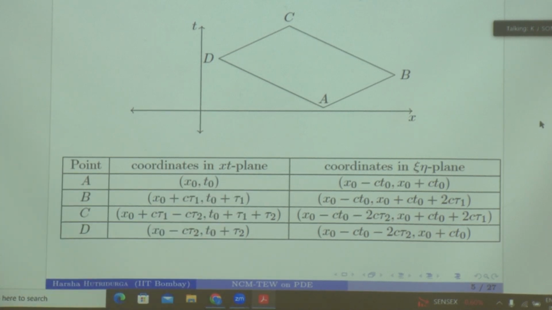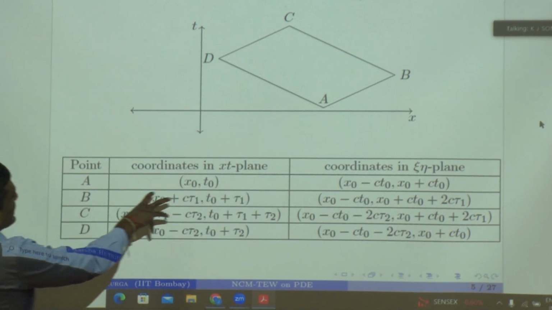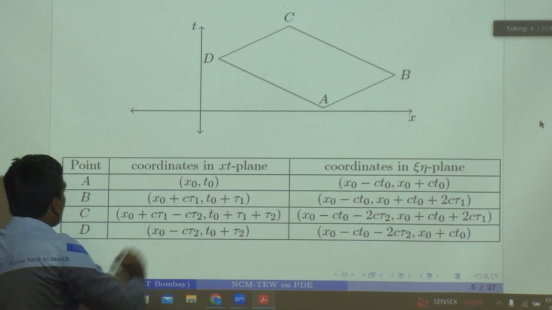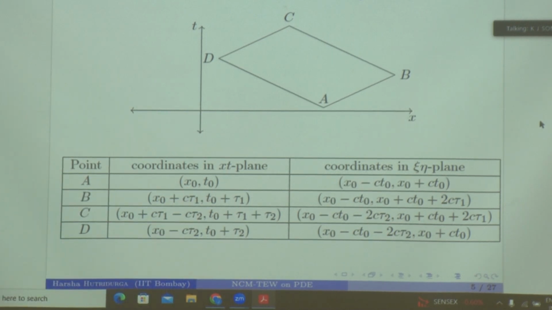Okay. Now once you have got your coordinates in the xt plane, you blindly write down, if you take this point x comma t, we have defined what is psi eta, and psi eta is x minus ct and x plus ct. Okay. So if you are given x t, your psi is just x minus ct.